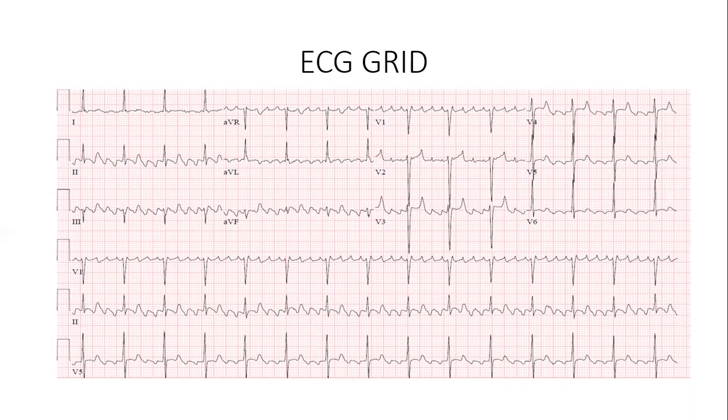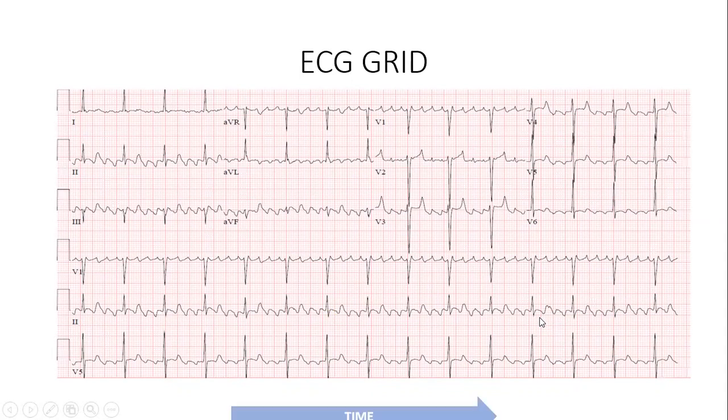When you look at this beautiful piece of paper with the pink lines, I think that's pink, there are certain things that you need to know, certain components of this piece of paper. Forget the waves for now.